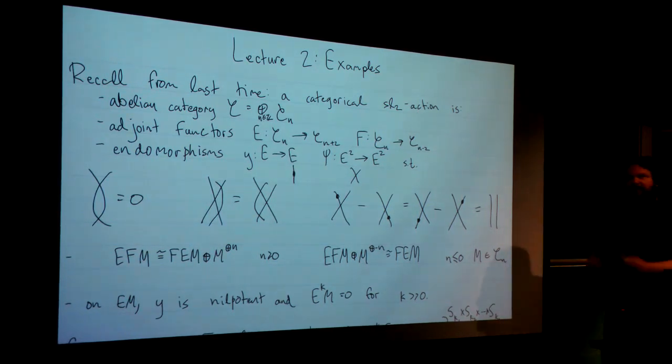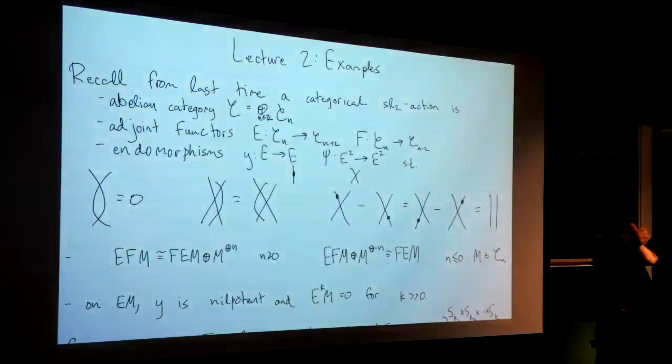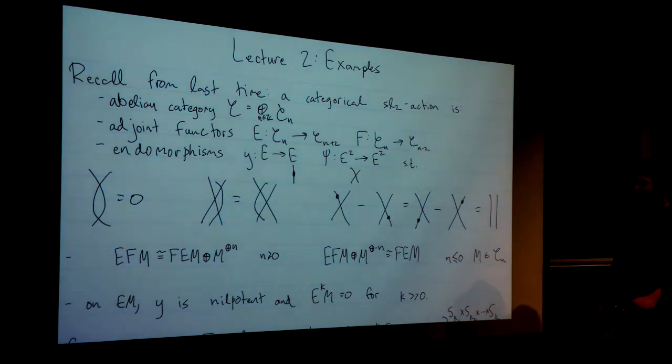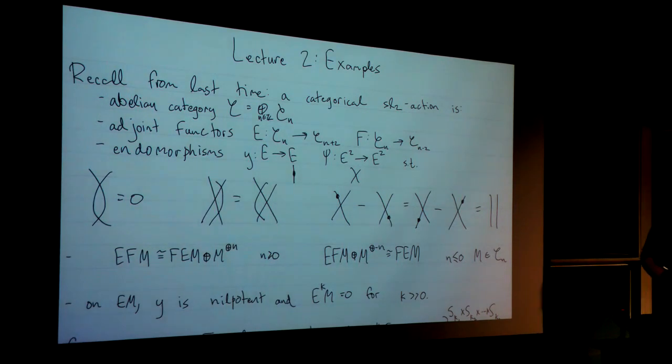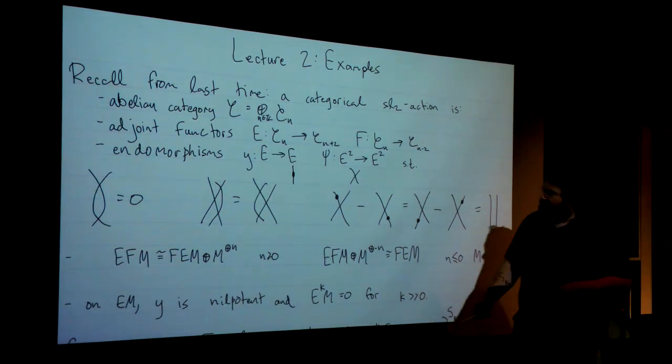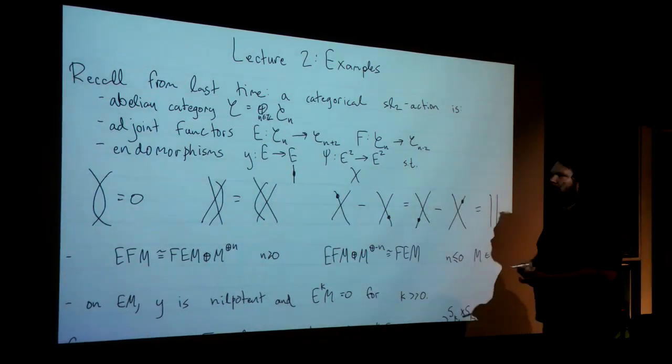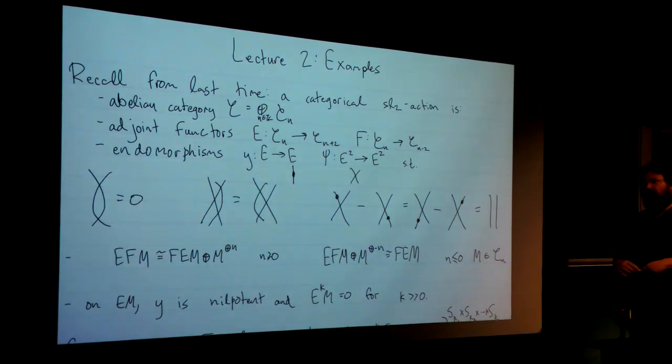So those two things together are exactly what you look for in a good definition: that there actually are examples, and that you actually learn something by seeing something as an example. All right, and these guys satisfy these slightly mysterious relations, which are some nil version of the symmetric group relations.